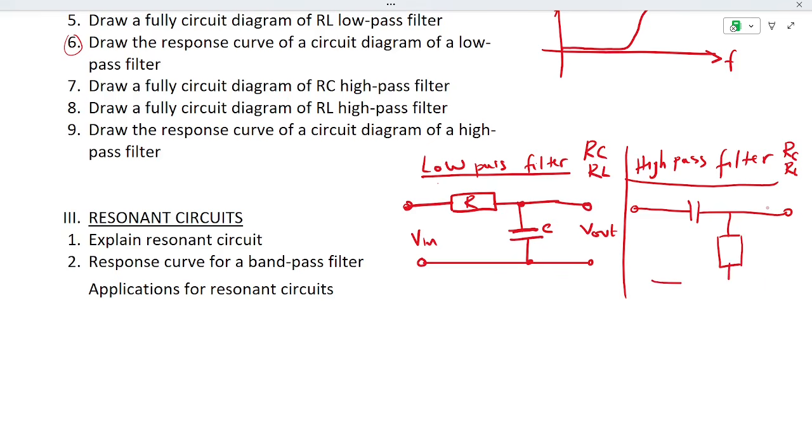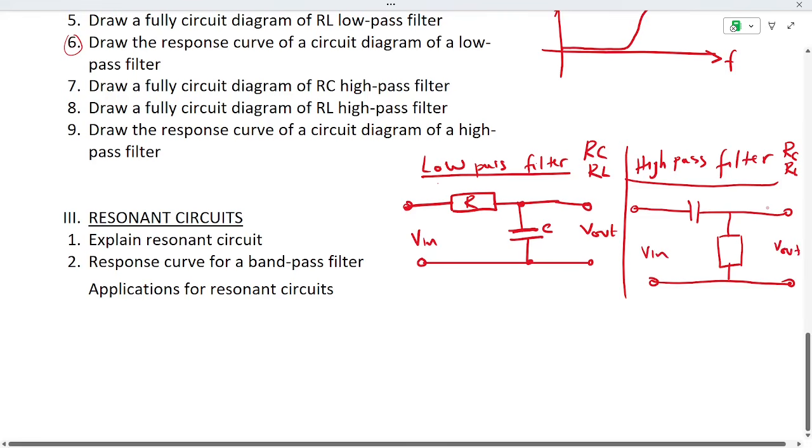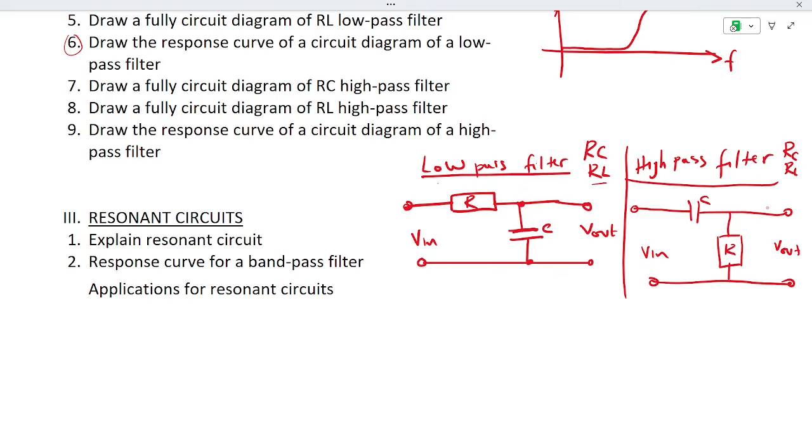That's your high pass filter. So you have V in here, V out there, and then this is R, this is C. Now when it's RL, remember we said a resistor, inductor and capacitor kind of complement each other. From here you can easily make up how RL is going to look.